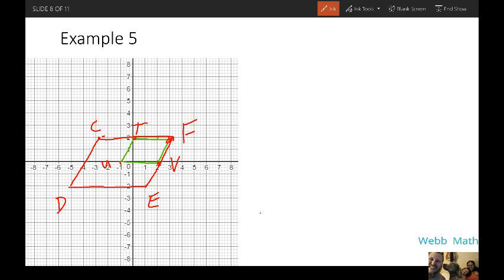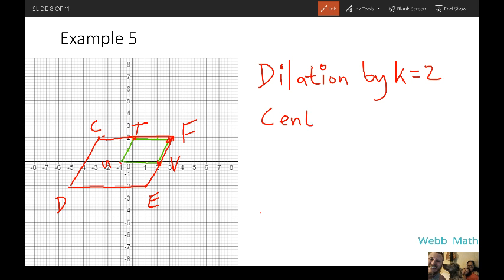And it did. Now, it went through a dilation by a scale factor of 2, and that was centered at the point F. And that's why the points are significant enough to mention.